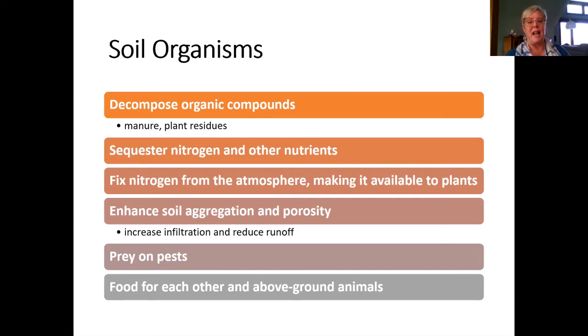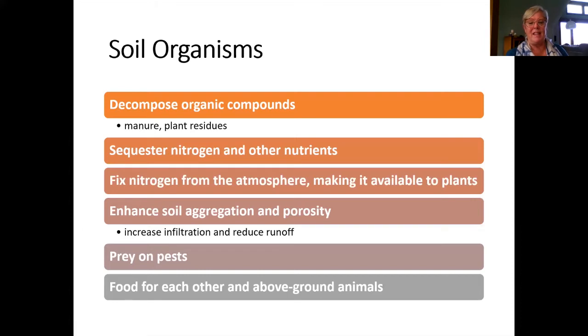If we didn't have organisms breaking this matter down, manures themselves would be overwhelming. Obviously, they break down very quickly. The organisms help sequester carbon and nitrogen and all the other nutrients that we know plants need. They fix nitrogen from the atmosphere and make it available to plants.